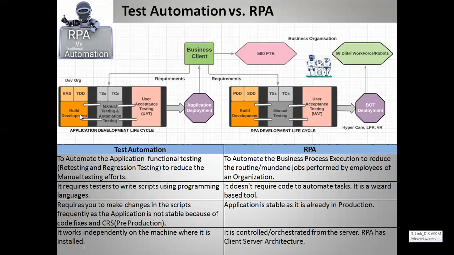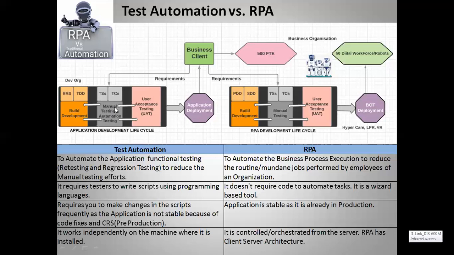And once they complete the build, the testers would be ready with their scenarios and cases based on the BRS document, and they will start testing the application to check if it is fulfilling the requirements given by the client or not. If they do testing and raise defects, the defects would be raised to the corresponding developers, who will fix them, and then another build would be given to the testers, who need to test that application over again.